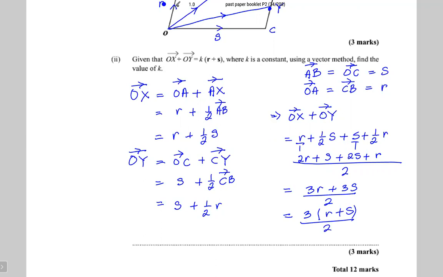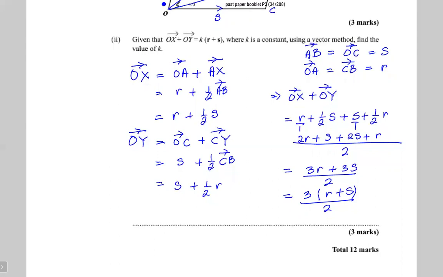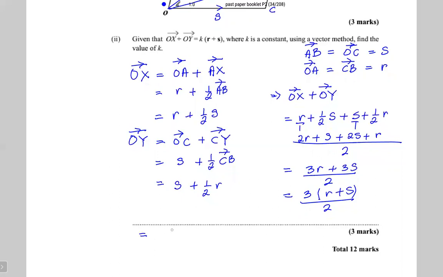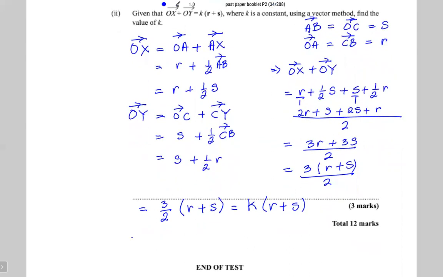Now, this is the same as saying 3 over 2 times R plus S, which is equal to K times R plus S. So therefore, K would be equal to 3 over 2.